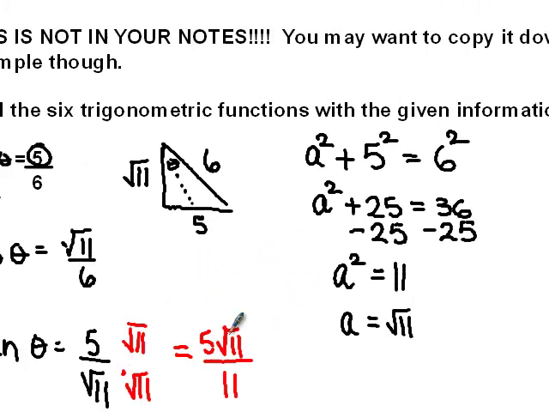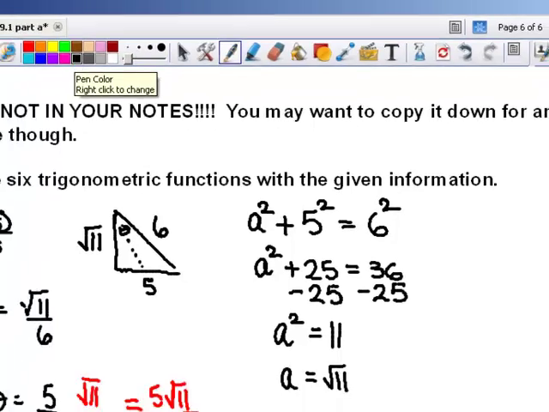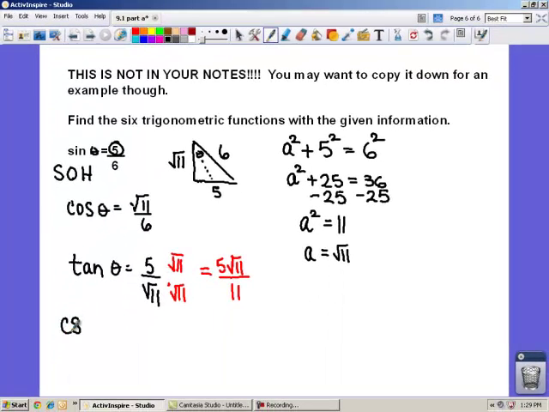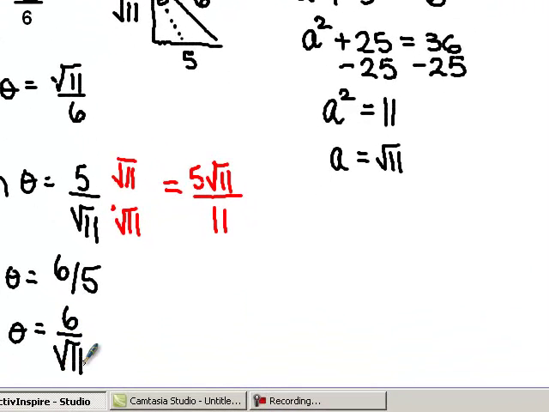All right, now the other three will be very easy. So we have the opposite of sine, which is cosecant. So we're going to flip the 5 over 6, so it'd be 6 over 5. The secant, which is the opposite of cosine, is the 6 over square root of 11. And again, we have to rationalize this.